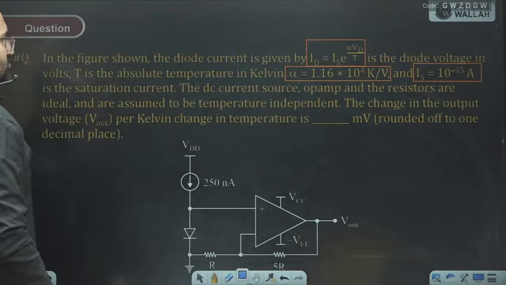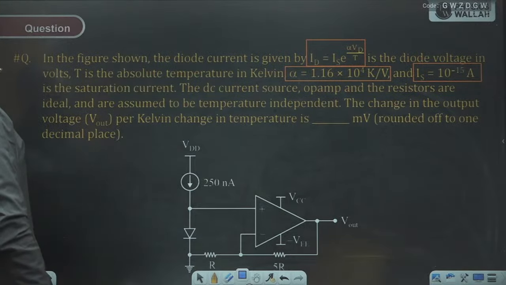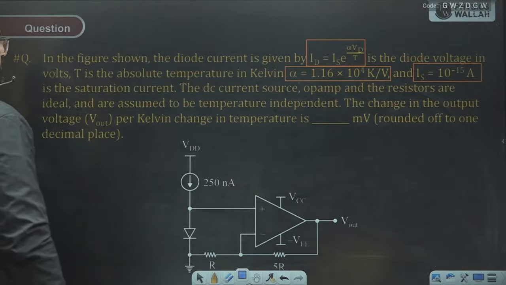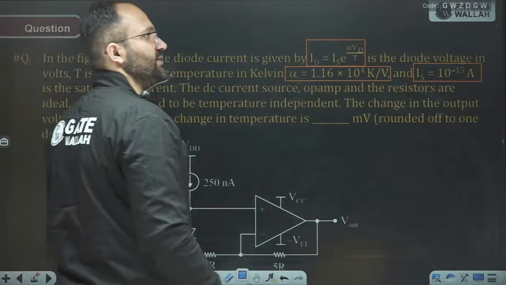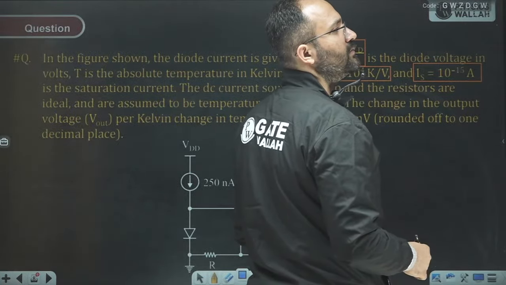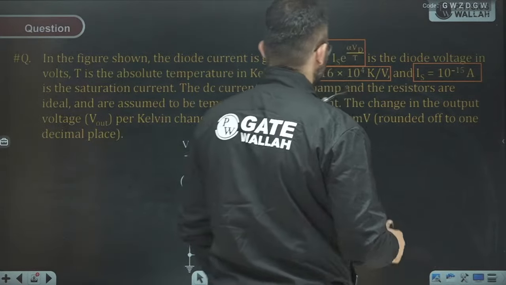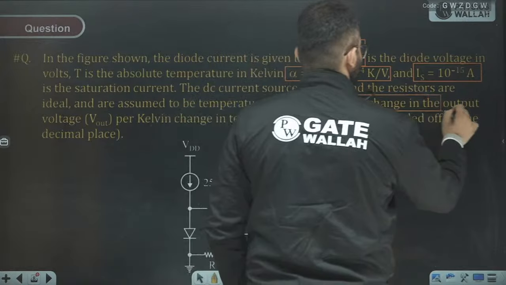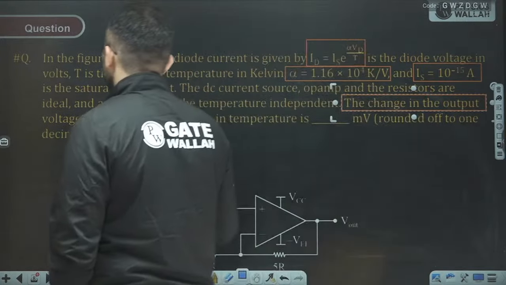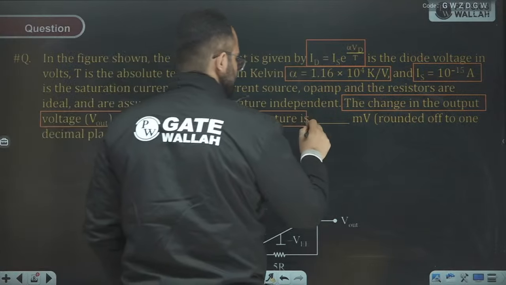The DC current source, op amp and these are ideal. The change in the output voltage per Kelvin change in the temperature.